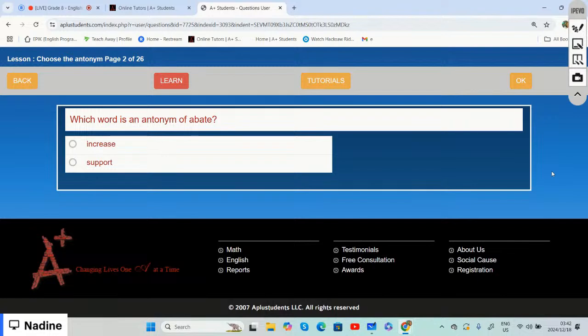What is the antonym of abate? Abate. Is it to increase or to support? The opposite of abate. Increase or support.